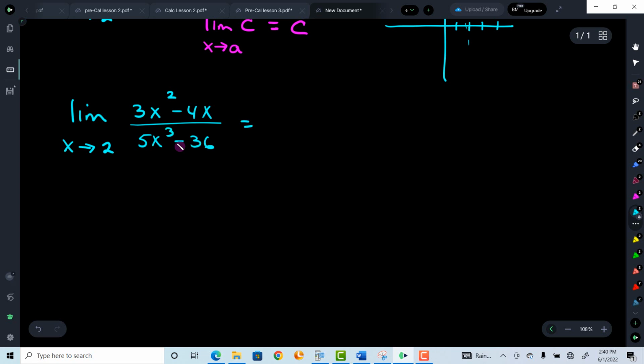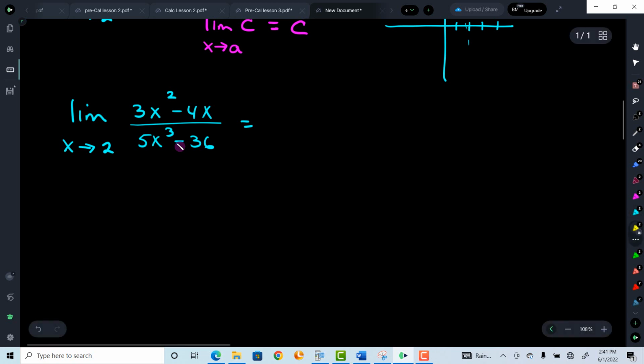So when we are evaluating limits, the simplest and most straightforward method will be to just do a direct substitution. So we're always going to try that first. It won't always work because sometimes we're going to have piecewise functions. Sometimes we'll have points of discontinuity. Sometimes we'll have points where it's undefined. But we're going to try to substitute first. And I believe it will work in this case.